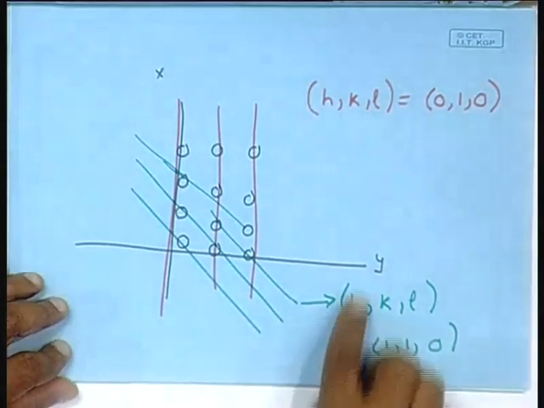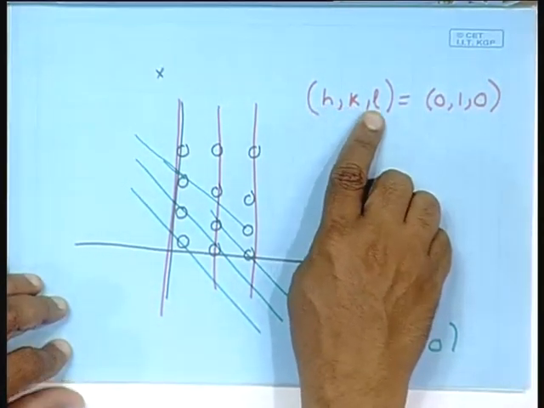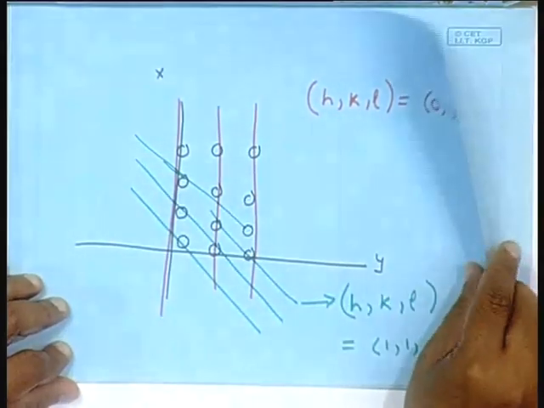So, corresponding to different sets of integers h, k, l, I will get different planes which can be drawn through this crystal, and this crystal that we are considering is a cubic lattice.